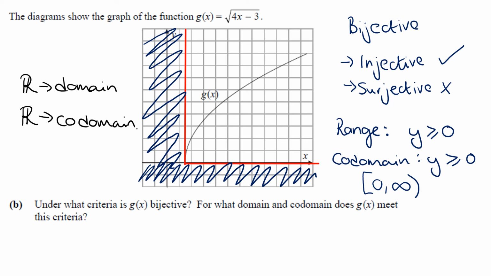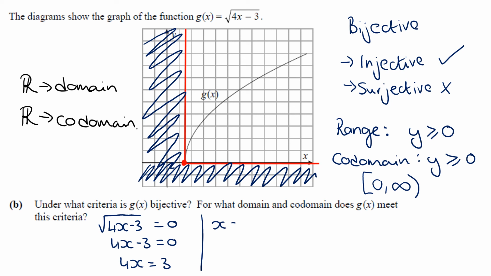So what I really need to know is, what is this point here on the x-axis? That point happens when the y is equal to 0. So where the square root of 4x minus 3 equals 0. So where 4x minus 3 equals 0, or 4x equals 3, or x is equal to 3 over 4. So the domain that we want is basically where x is greater than or equal to that value.